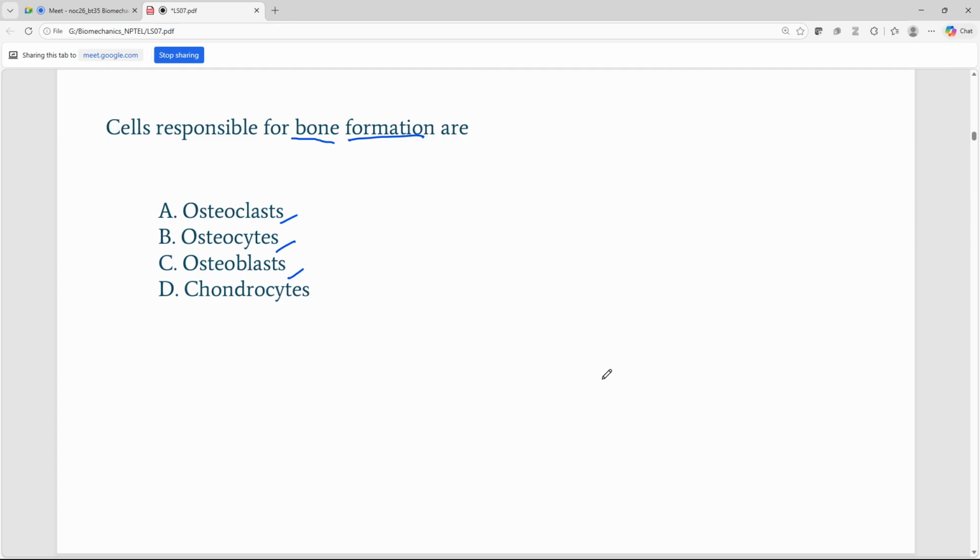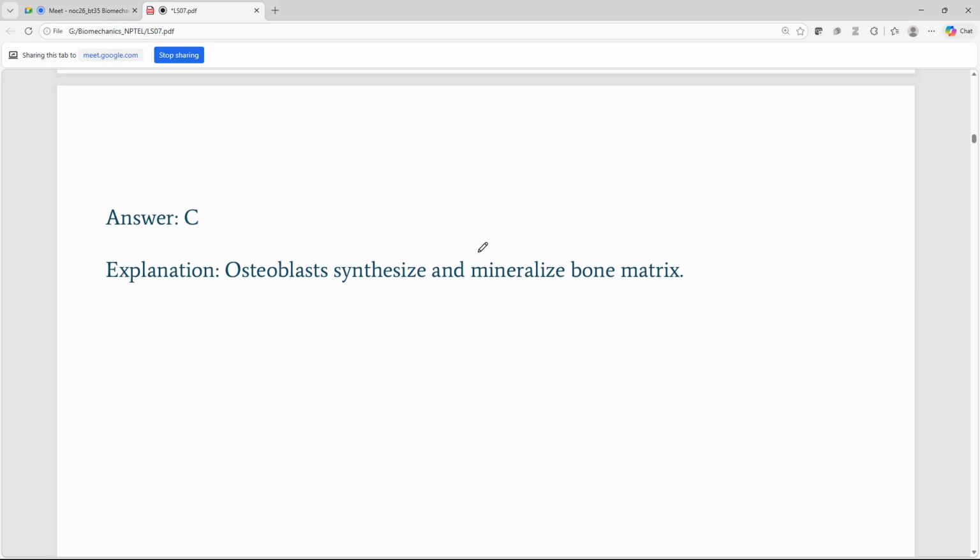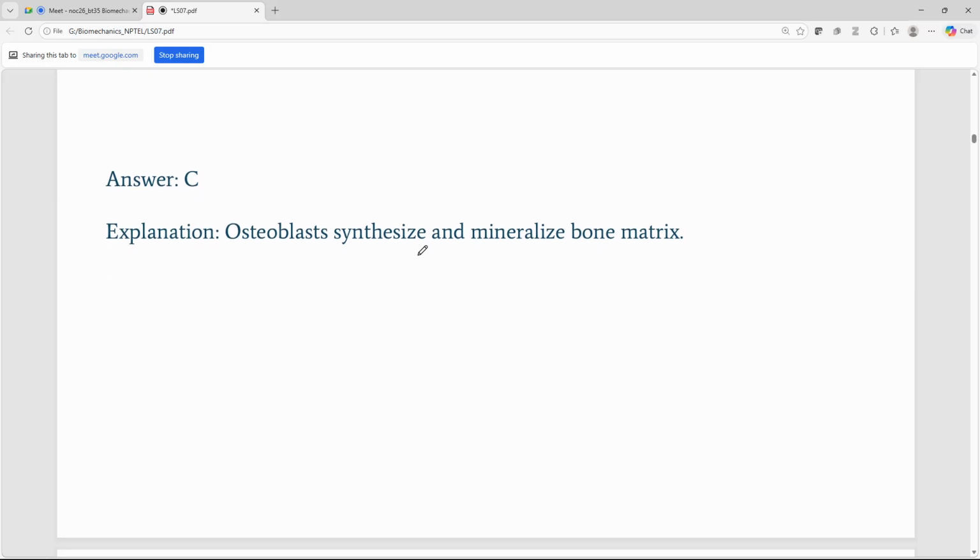Answer is option C, osteoblast. So these are osteoclast, osteocytes, and osteoblasts. These are three main cell types that remodel bone tissue, and among these three, osteoblasts are the cells that synthesize and mineralize the bone matrix, also known as the formers.